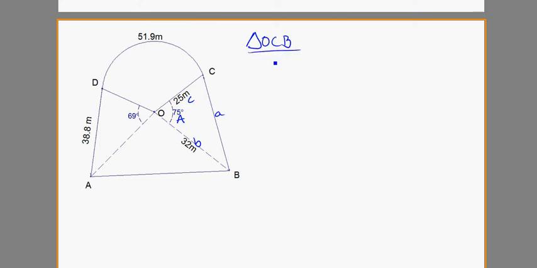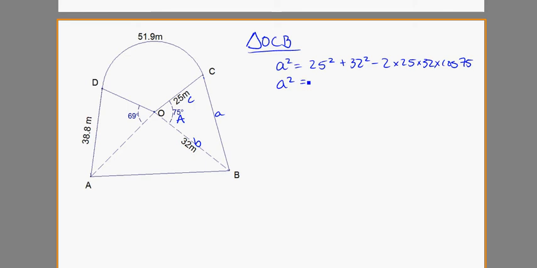So to find length CB, which we're going to call A right now, we'd say A squared is equal to 25 squared plus 32 squared minus 2 times 25 times 32 times cos of 75.